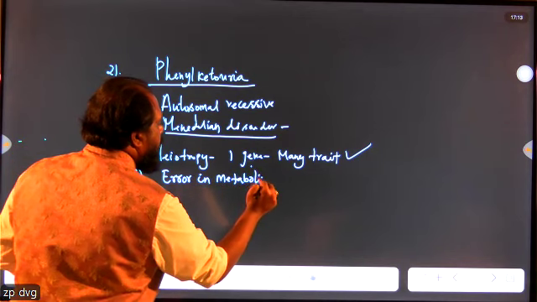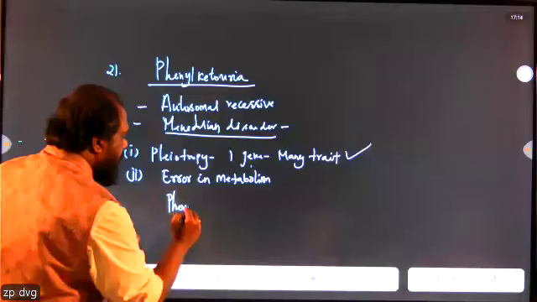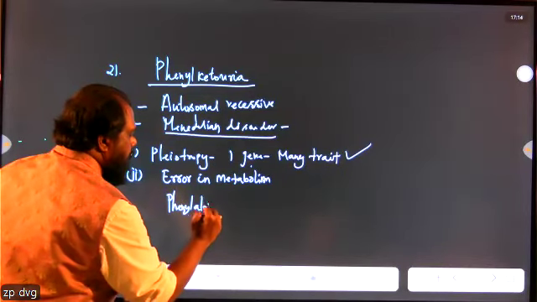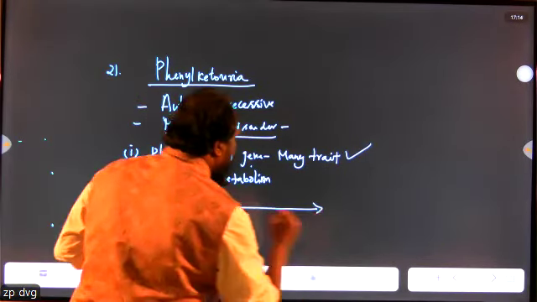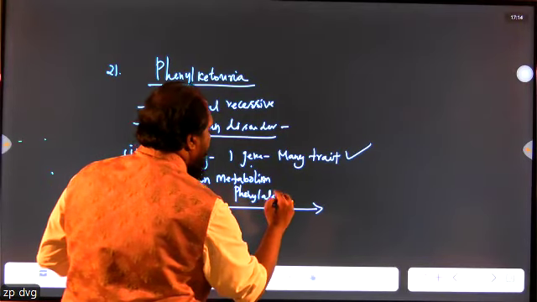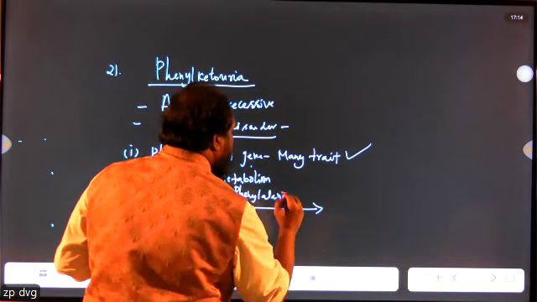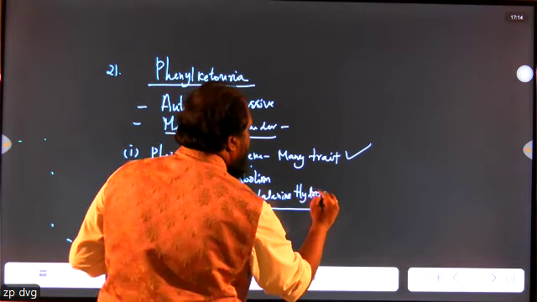What metabolism? Hope you remember, phenylalanine is an amino acid. With the help of an enzyme, phenylalanine hydroxylase, phenylalanine will be converted into tyrosine. But what happens? Error in metabolism.